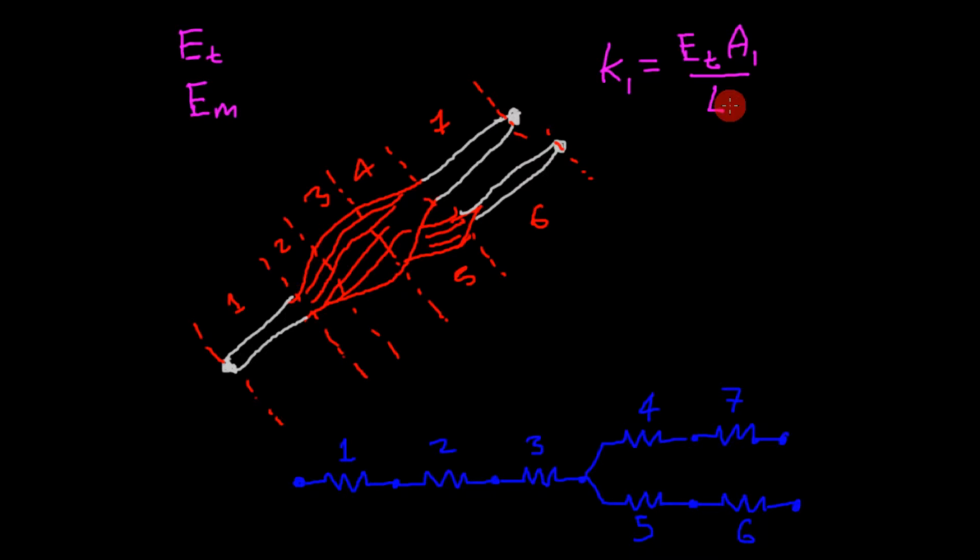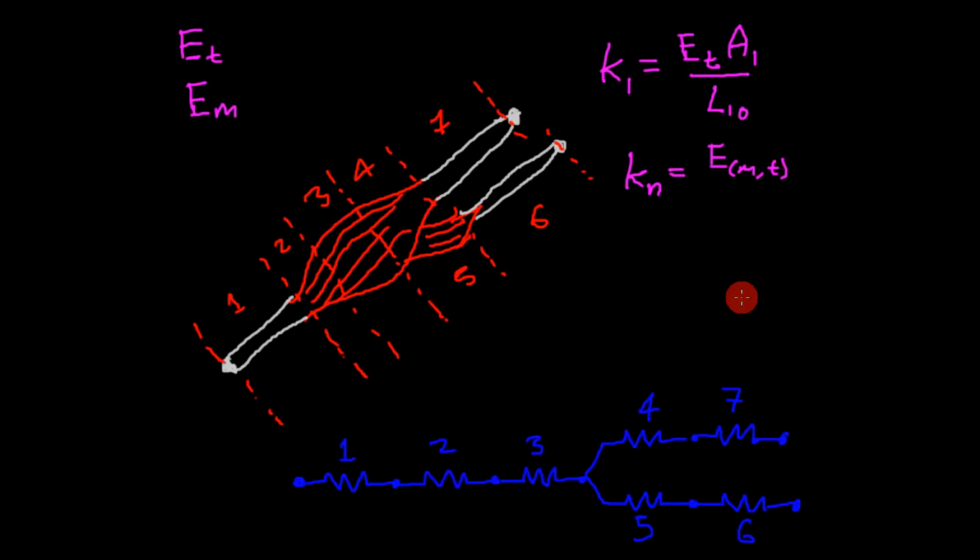Call it L10. Similarly, the nth K will be equal to either E muscle or E tendon, depending on whether it's a muscle section or a tendon section.